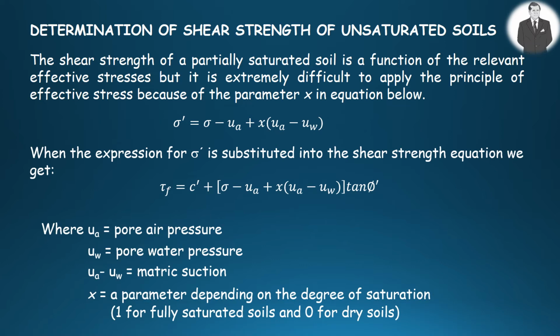So, for fully saturated soil, chi is unity, and for dry soil, it is equal to 0.